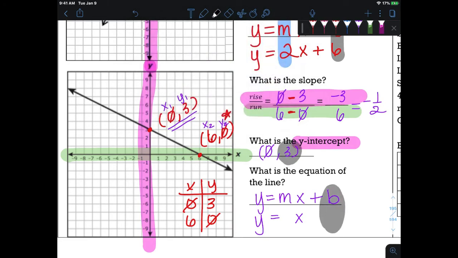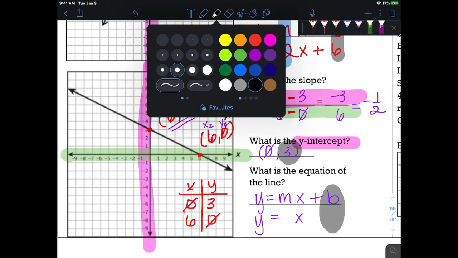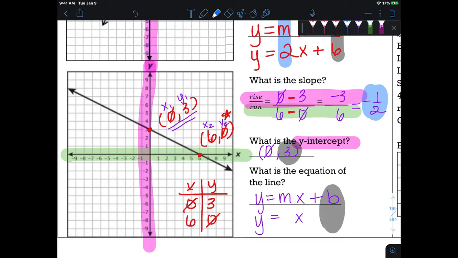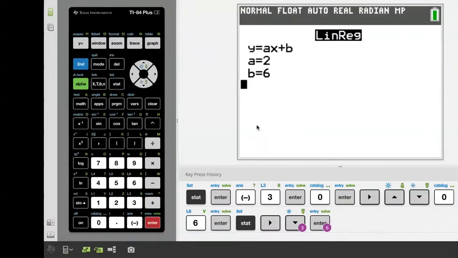All right, I'm going to plug it in there. And then I'm going to go ahead and find my slope, my m value, and plug it into there. Go ahead and continue to do that. Negative 1/2 and positive 3. So there's my equation. Let's verify this with my calculator.